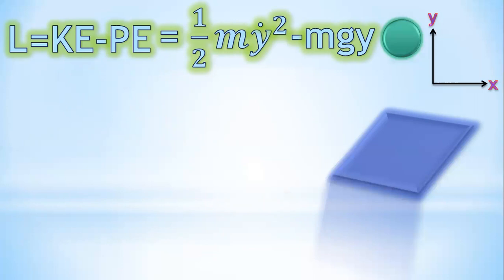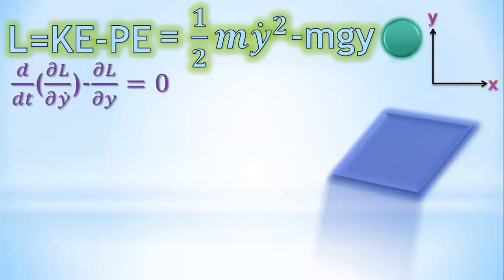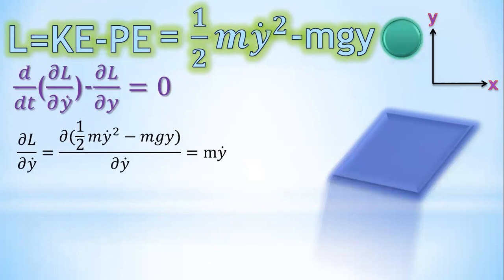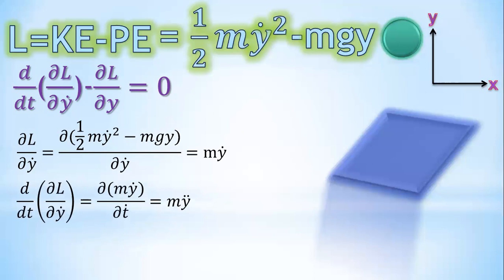First of all, del L by del y dot equals del by del y dot of half m y dot squared minus mgy, which equals m y dot. Deriving the answer with respect to time, we get m y double dot.